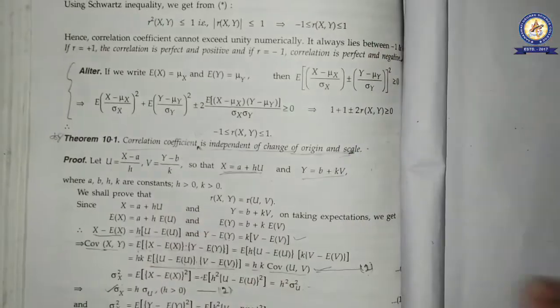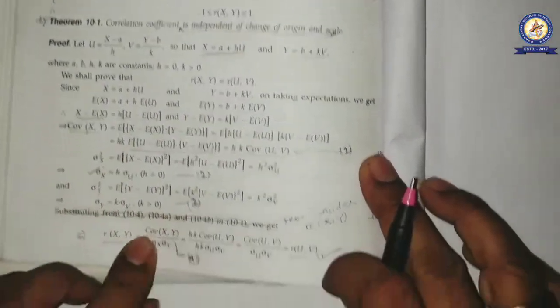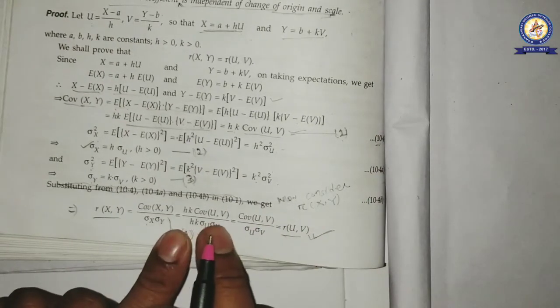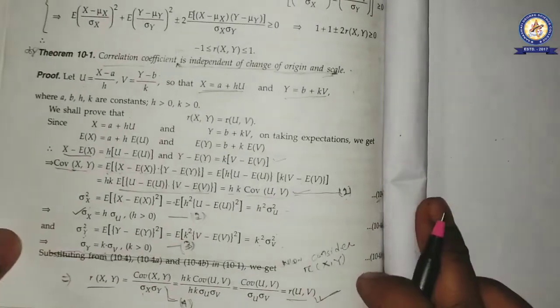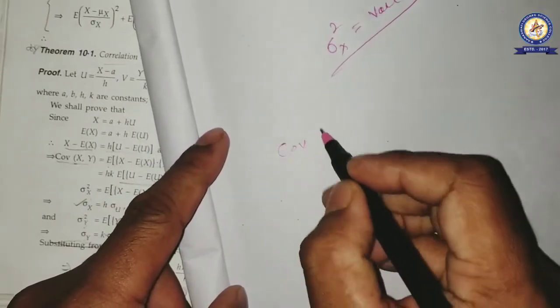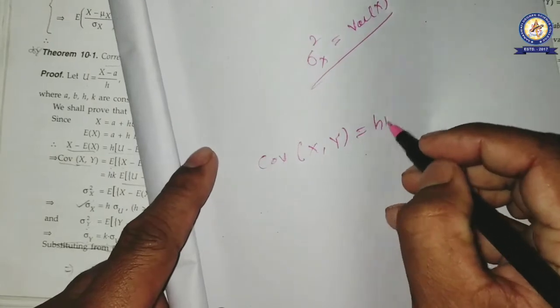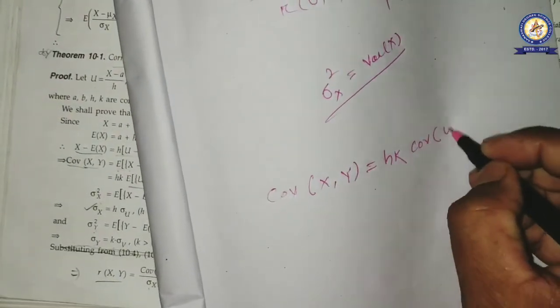You can check what we did in our last class: covariance of xy equals hk into covariance of uv.